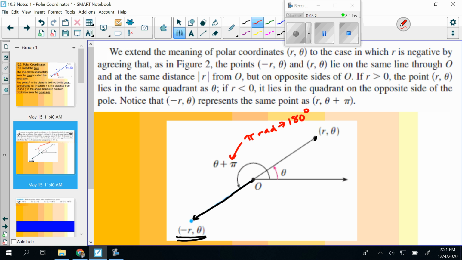And so if we added pi, or 180 degrees, to the angle, that would also bring us to the same point down here. Another way we could describe that point would be r comma theta plus pi. So there are different ways we can represent the same point in polar form.